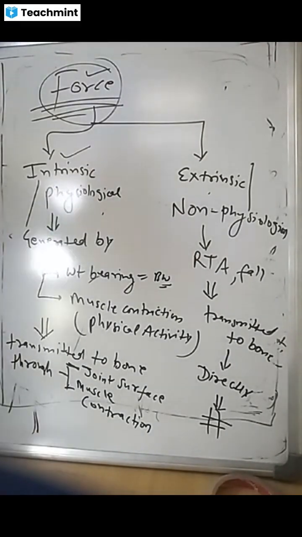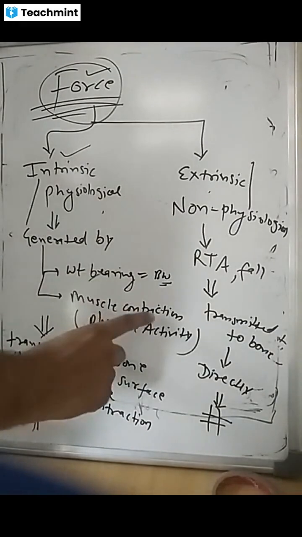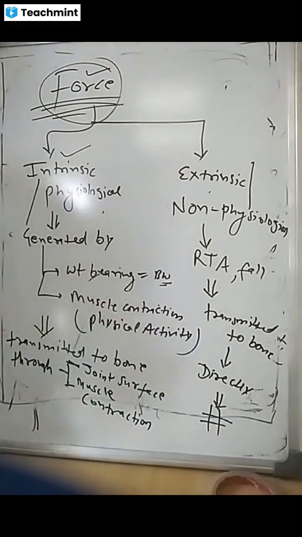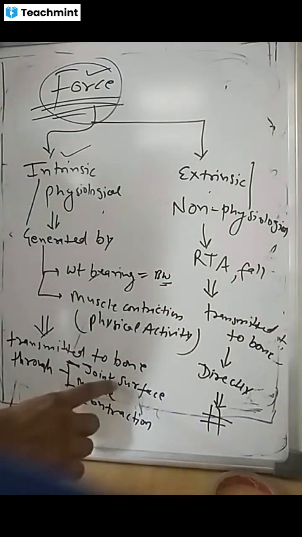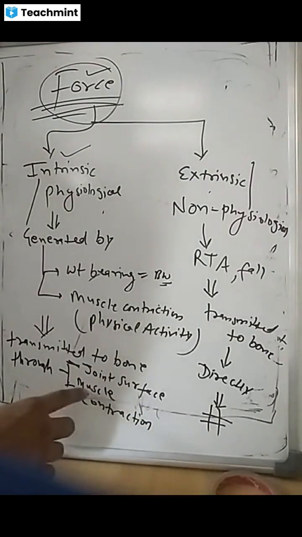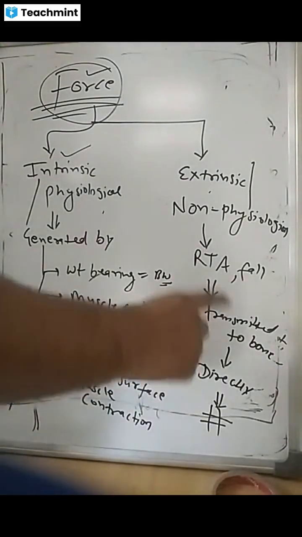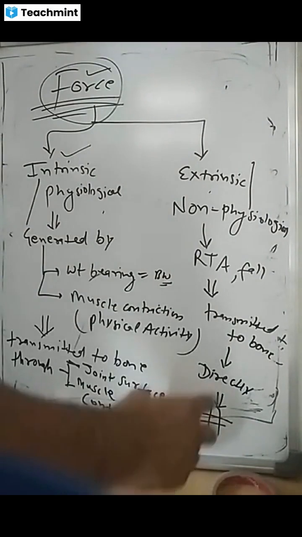So two types: intrinsic or physiological, which is weight bearing of the animal or muscle contraction. They are transmitted to the bone via joint or muscle, and they may lead to fracture.